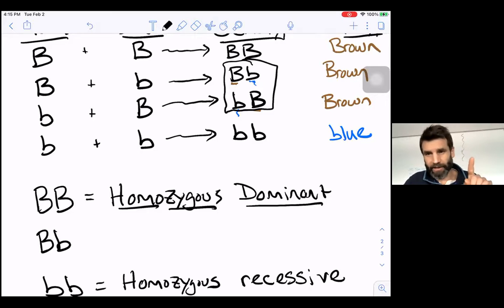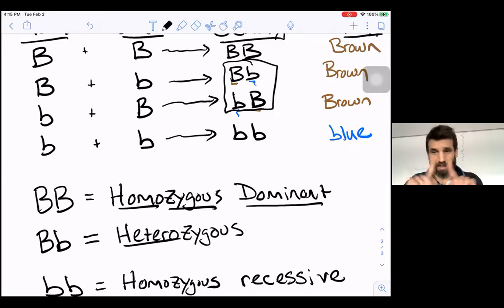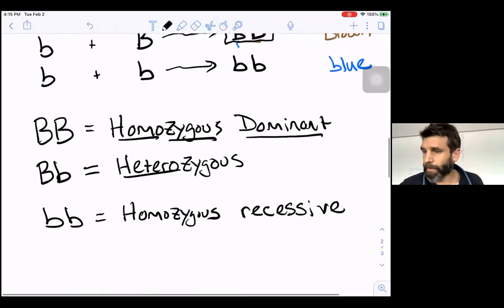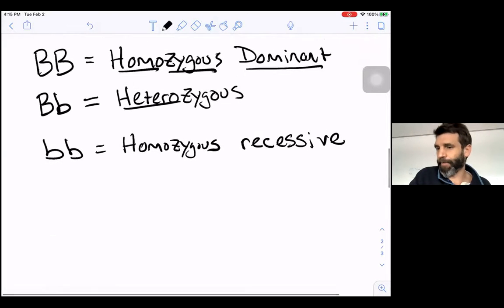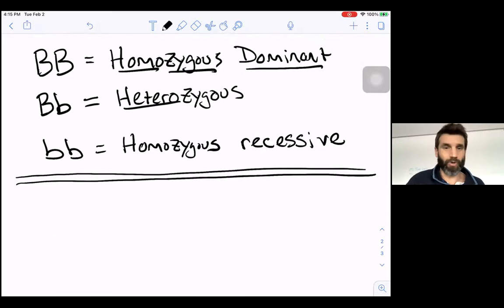We never write it little b, big B. It's just by convention. And this is called heterozygous. And this means different versions of the gene there. Hetero meaning different.